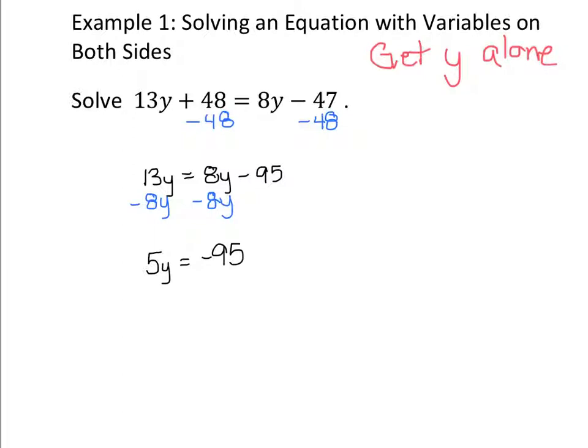Now the only problem that we have is that our 5 is still by our y. What's happening between the 5 and the y? Multiplication. So we need to divide, the opposite. Okay. So we divide both sides by 5. Those 5s cancel. We get y equals negative 19. Is that right? Y'all just gonna trust me, or is it really right?